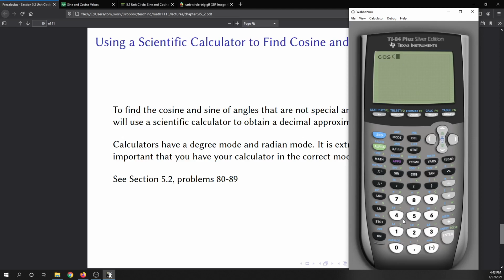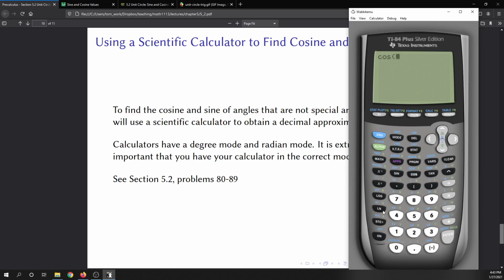You're usually doing this for angles that are not the special angles. So let's say pi over 12, which is 15 degrees. In order to do that, you would locate where the pi button is. Your scientific calculator should have a pi button on there. Let's see, where is it on this one?